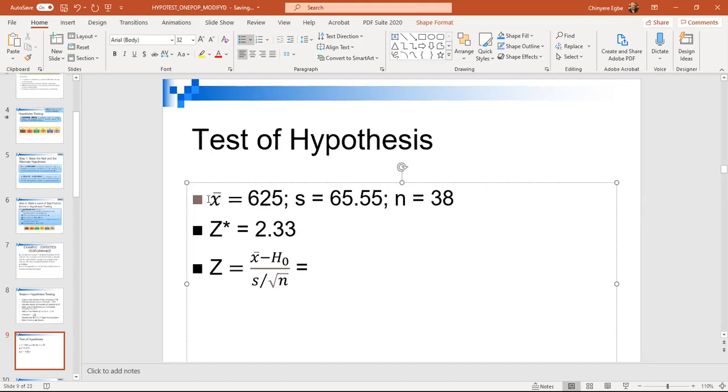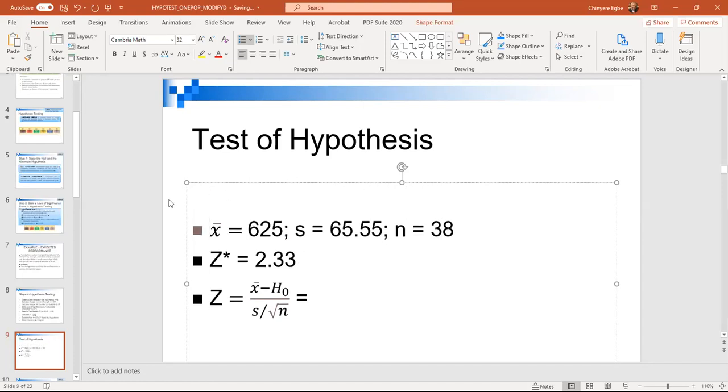Now, before we go through that, we have to state the null hypothesis.